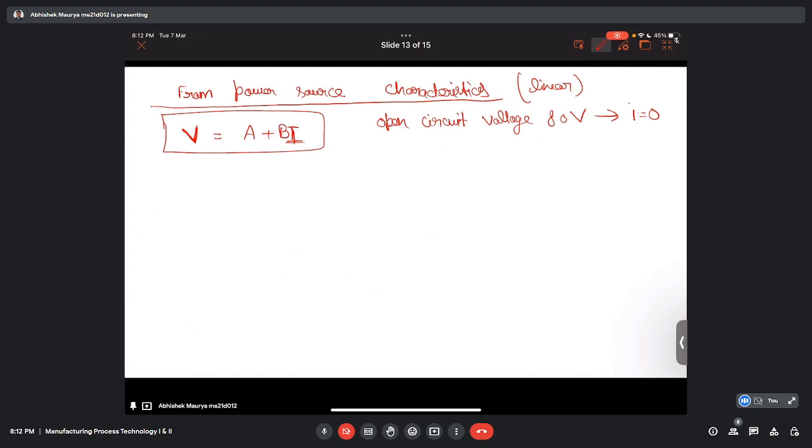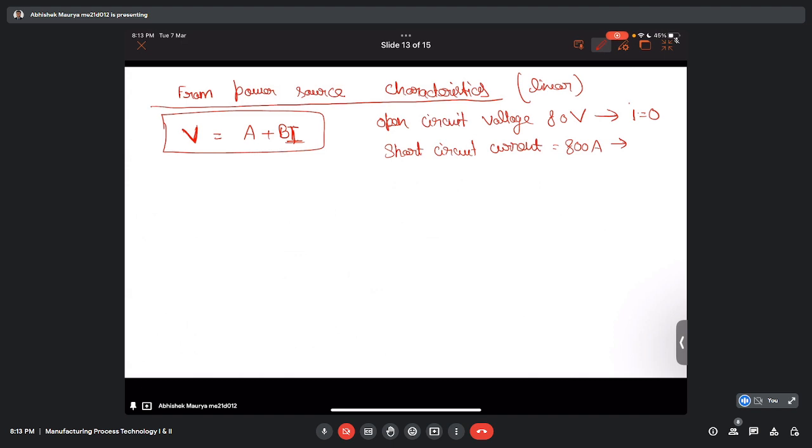And what else is given? Short circuit current, that is given as 800 amperes. And what we know, when we say short circuit, it means a high amount of current is flowing, or we can say there is no resistance in the path of the current.